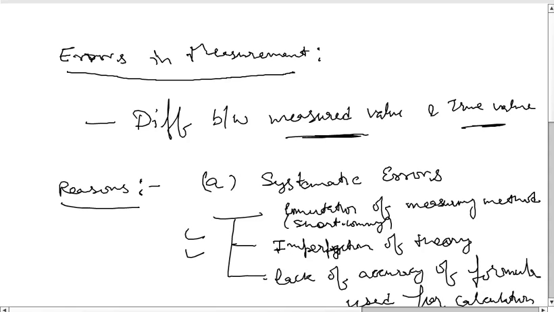One is the limitation or shortcoming of the measuring method. Let us take an example of this. For example, you are measuring the weight of a body in a weighing balance. Have you seen in the lab there are some weighing balances which are closed in a glass chamber? Why do we close them in a glass chamber?